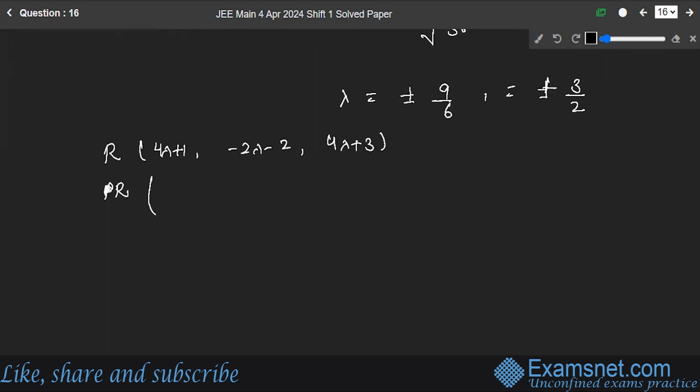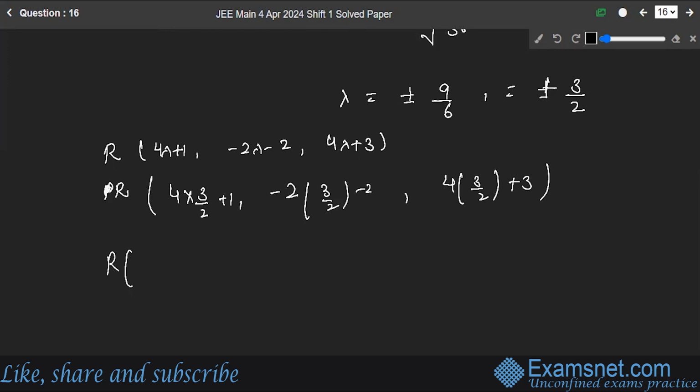This is equal to 4 into 3 by 2 plus 1, minus 2 into 3 by 2 minus 2, 4 into 3 by 2 plus 3. So R will be given as 6 plus 1 is 7, this will be minus 3, minus 5, and 9. Okay, these are the coordinates for R.